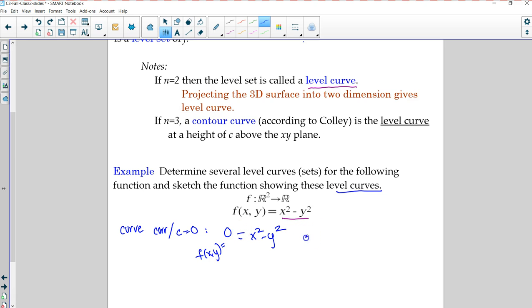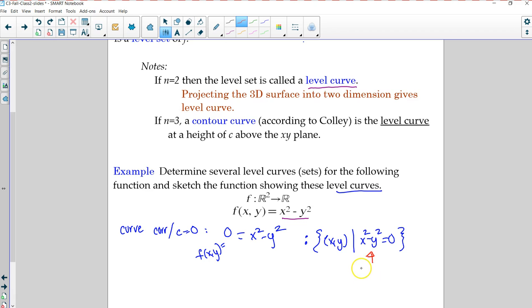But when we talk about the level curve, we would actually say it's the set of all xy, that's the vector x, such that x squared minus y squared is equal to 0. Really this isn't too different, but here's the catch, here's the distinction between cross sections and level sets.